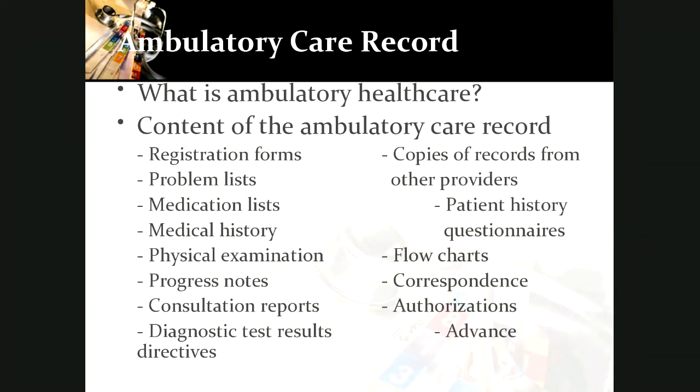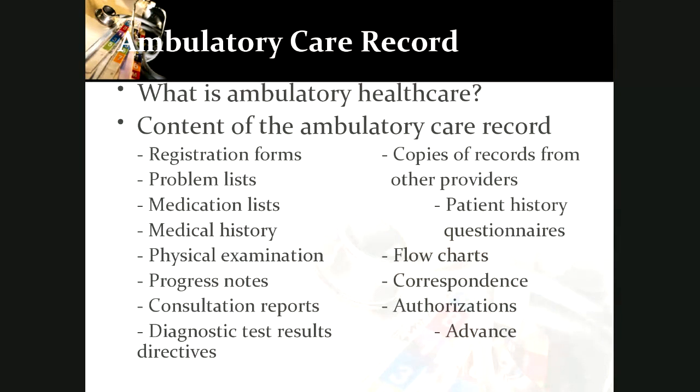That type of questionnaire. It's going to have flow charts, any correspondence that they have with other physicians or other facilities and the patients. For instance, maybe they wrote the patient and told them the results of the test or what they wanted them to do. It's going to have authorizations and consents for treatment.